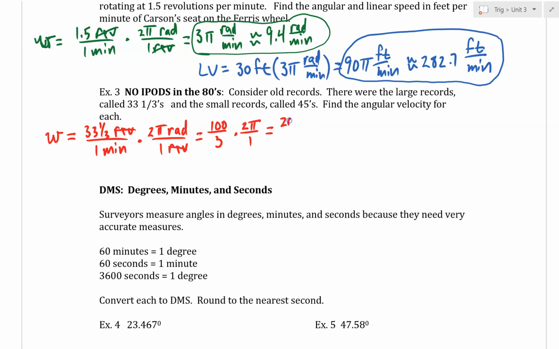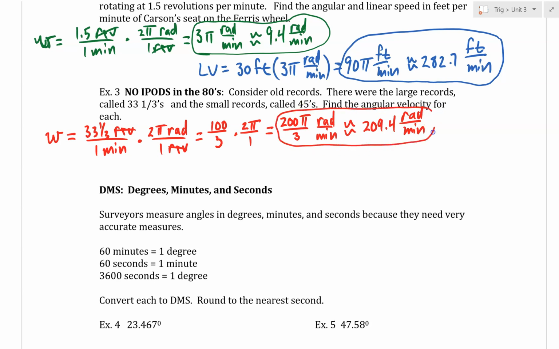So this is going to be 200 pi over 3 rads per minute. That's the angular velocity here, which is roughly 209.4 rads per minute.